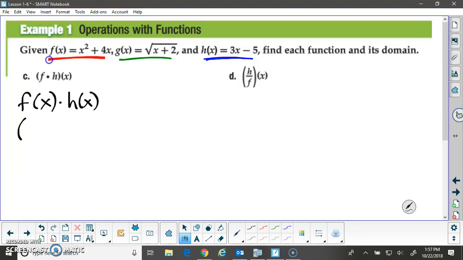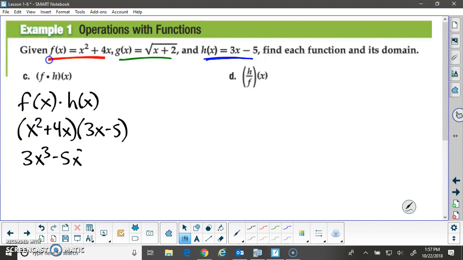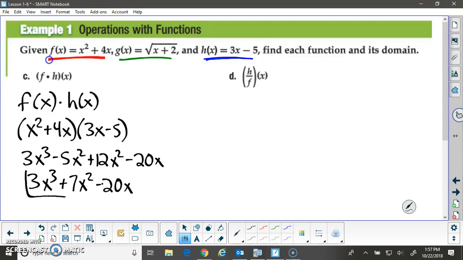And so here that would give us something like that. We would FOIL it to get our simplified answer. Combine like terms and we get a simplified answer like that.